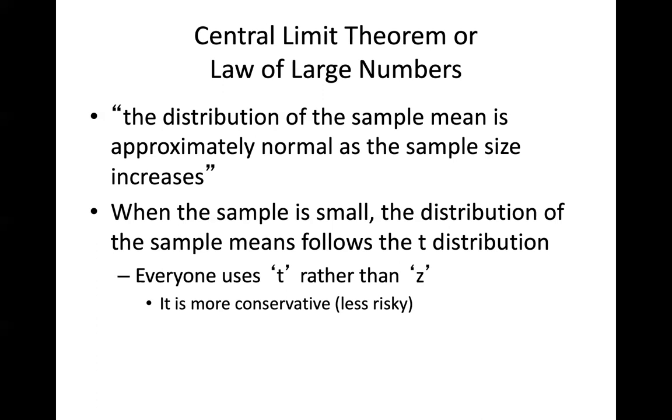The t distribution accounts for how many samples you take, and as you move from 1 to 15, that t distribution, which is really fat and wide, starts to shrink up and look more like a z distribution. You take about 15 to 20, it starts to look more like the z or normal distribution. By the time you hit 30 samples, the t and the z look really, really close. By the time you hit 50 samples, they're pretty much identical.